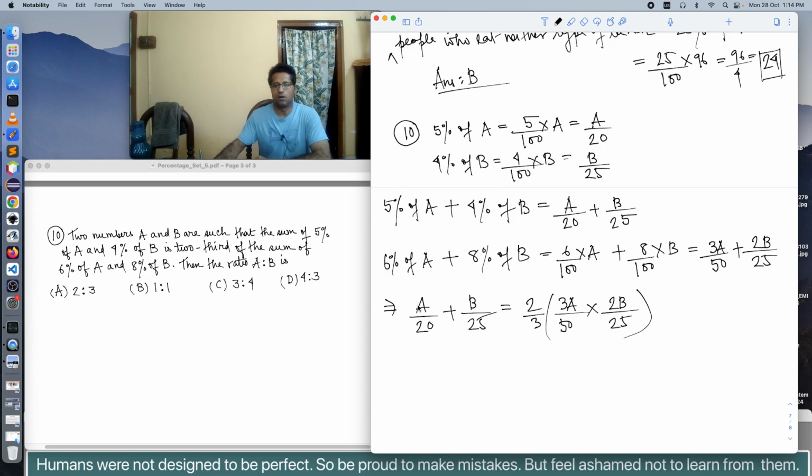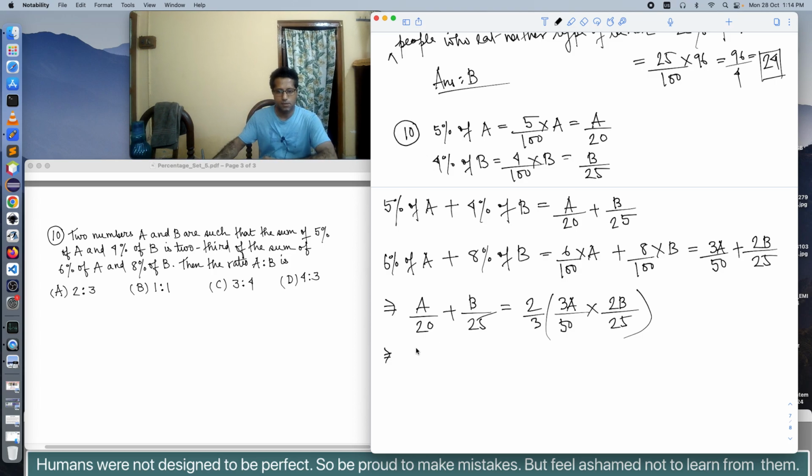Okay, now let's simplify both the sides. A by 20 plus B by 25, the denominators are 20 and 25, so their LCM is 100.